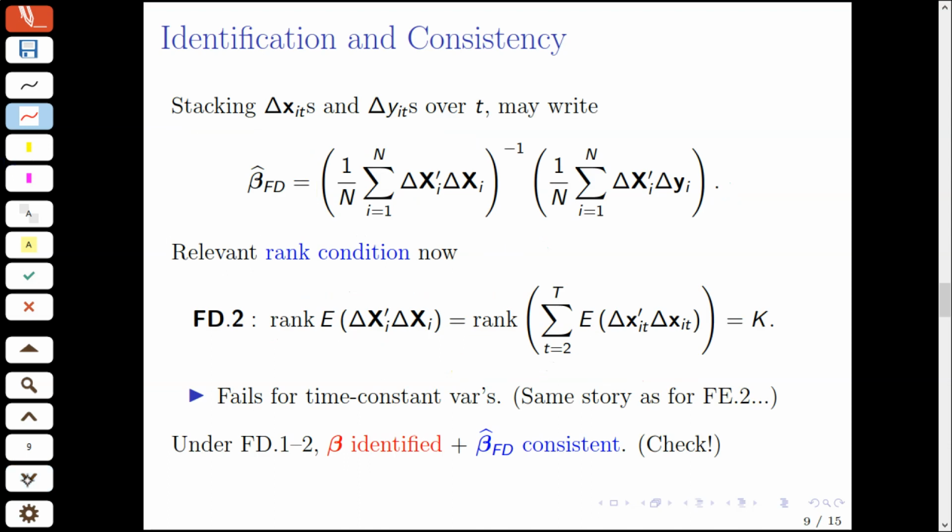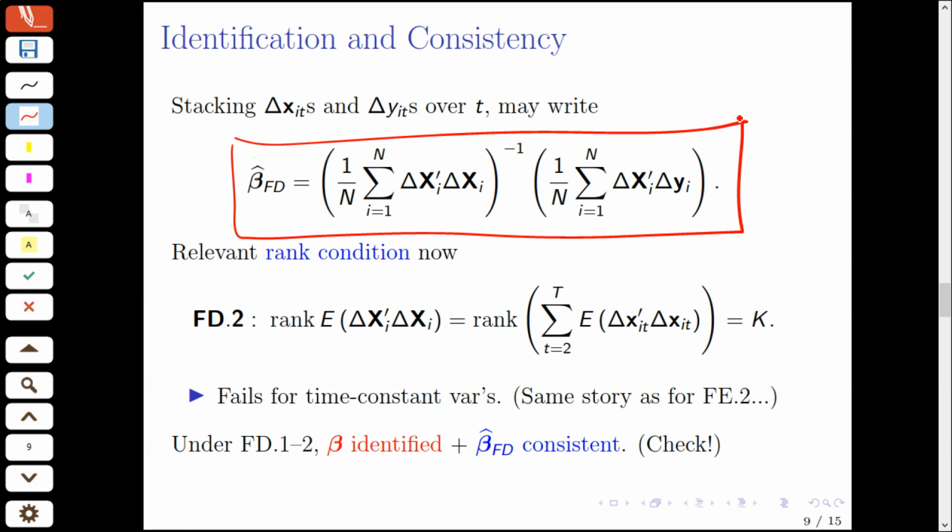Of course, an exogeneity assumption is not enough in order to obtain either identification or consistency of the estimator. So we'll invoke also a rank condition. For this purpose, we will stack the differenced regressors and differenced outcomes over T for a given individual in order to write the first difference estimator in a manner which looks a lot like the OLS estimator in the cross-sectional case.